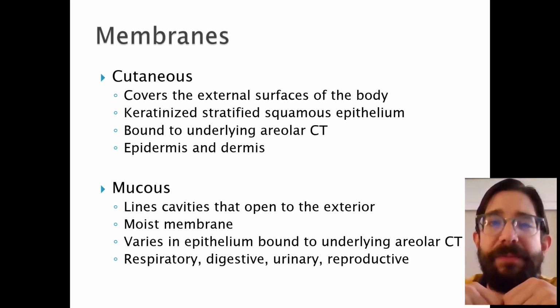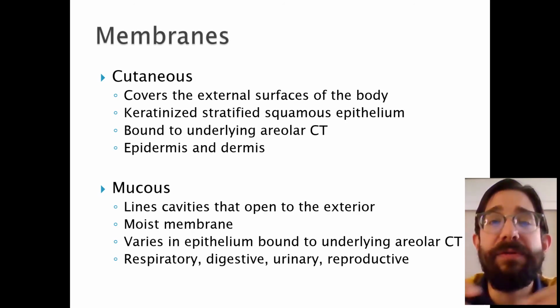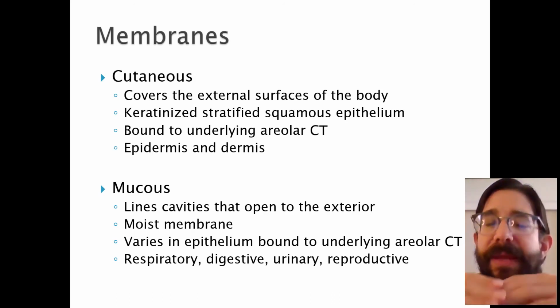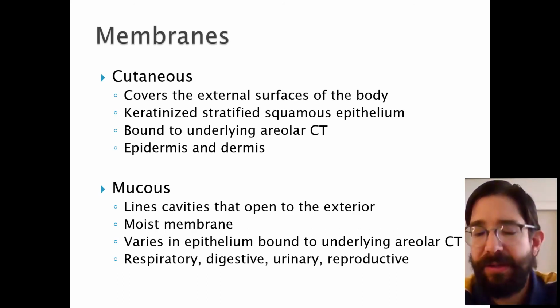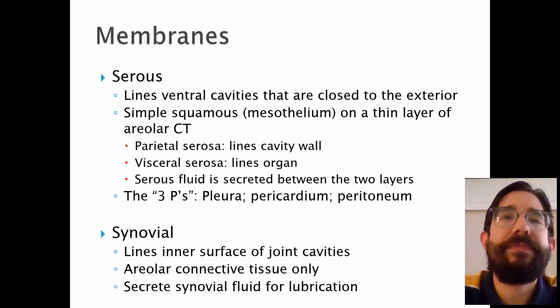So you have a mucous membrane. And reproductive regions. Males use the urethra for reproductive functions, but females also have the vaginal canal that will have a mucous membrane. It's all about making this protective layer around these areas that are open to the outside world.